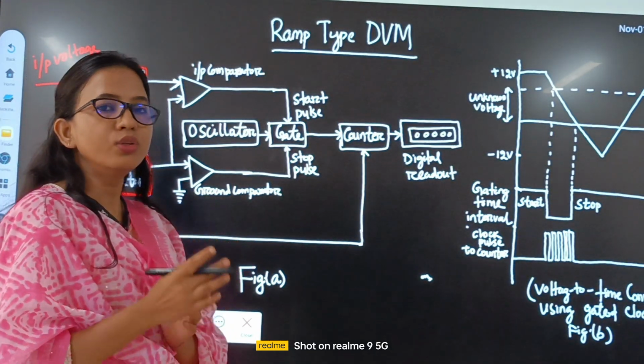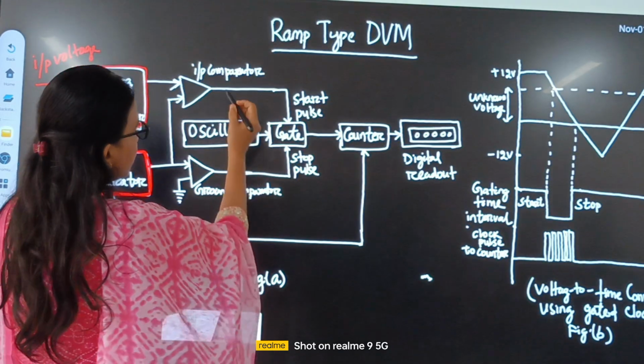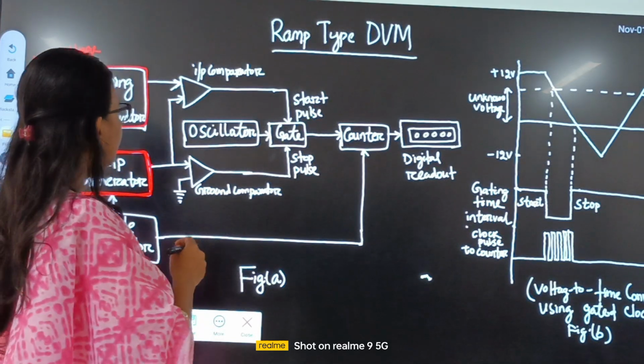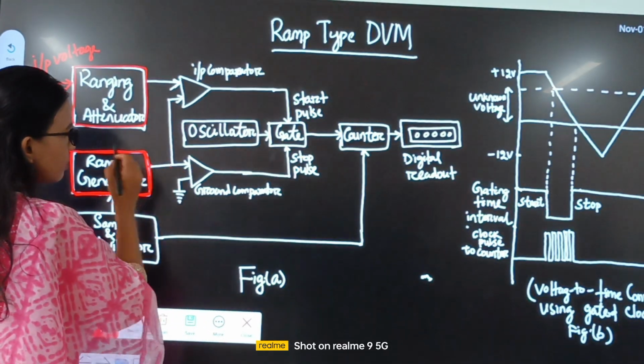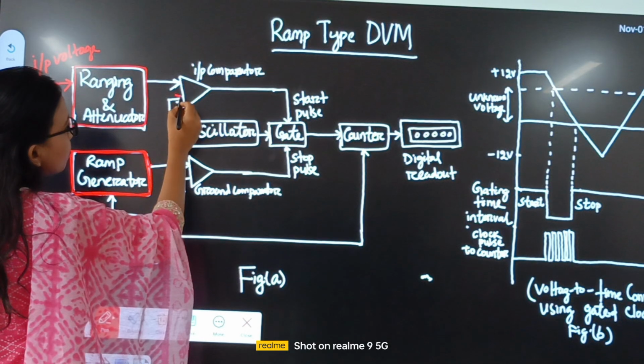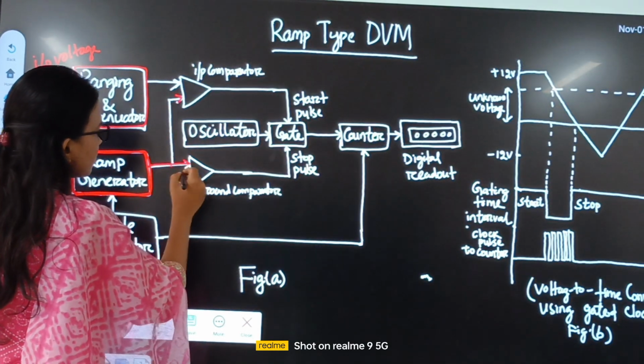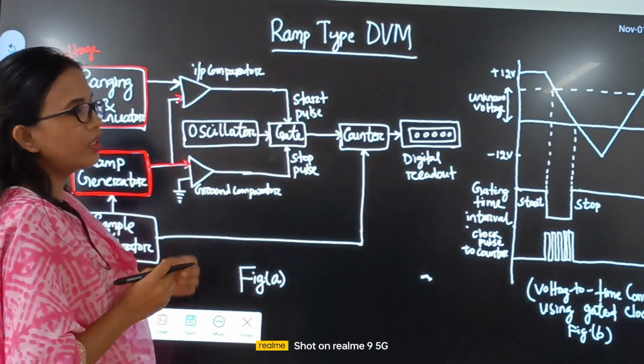We are using two comparators here. One is the input comparator and the second one is the ground comparator. The signal generated from the ramp generator is given to the input comparator and also to the ground comparator.